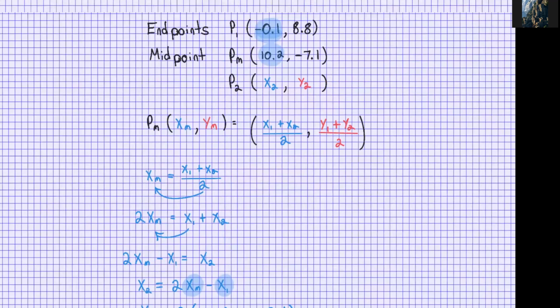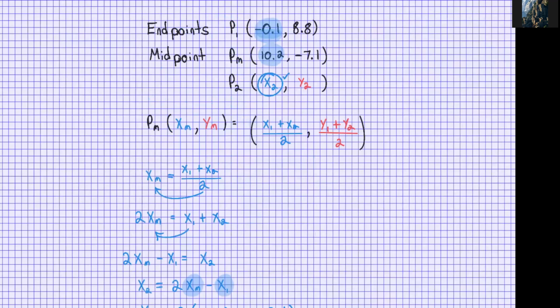Now we have to do the same for the y coordinate. Now, the good thing is that if you look at the formula, that is ym equals y1 plus y2 divided by 2, this format is identical to this one here.